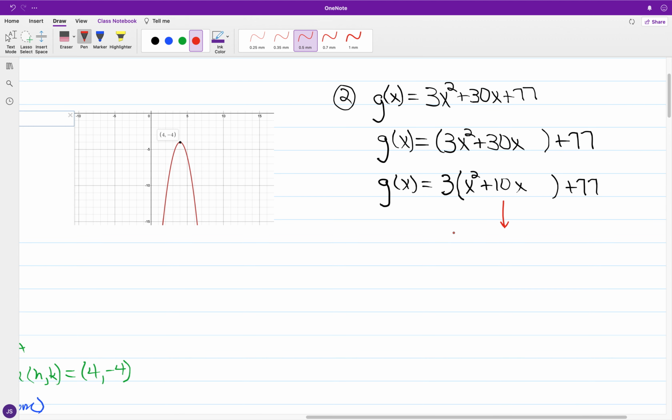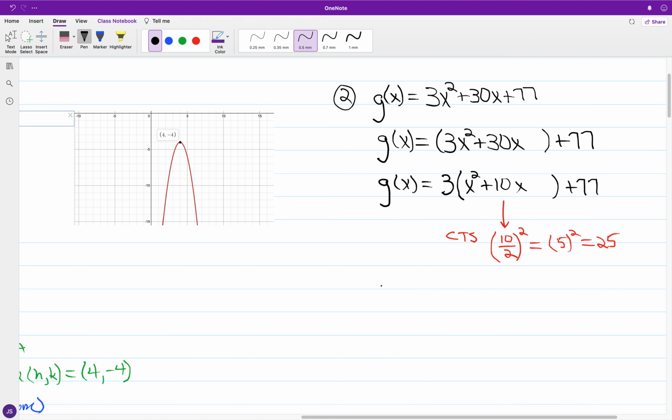And again, re-entering the phase of completing the square. We have the first term in the parentheses at x squared, so I can look at the first order term, take half of the coefficient, and then square it. So half of 10 is going to be 5, and 5 squared is equal to 25.